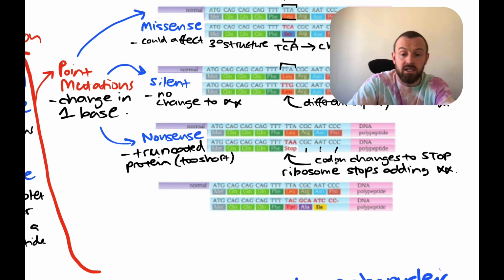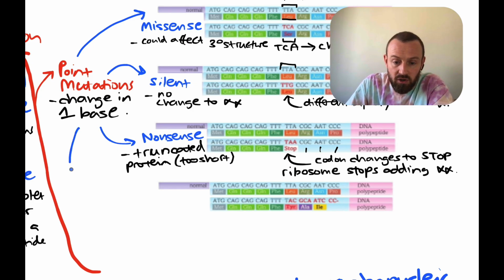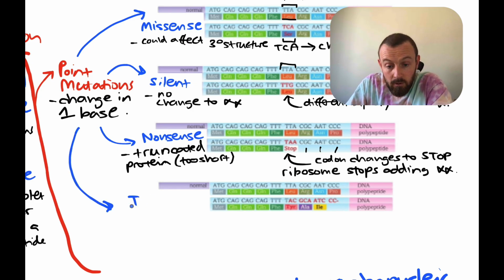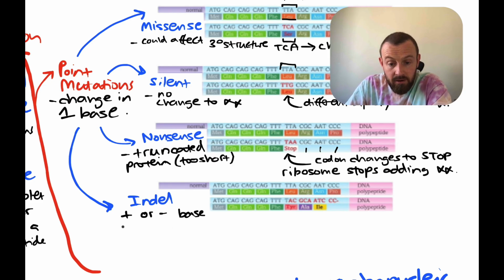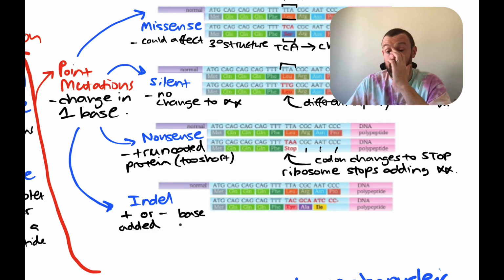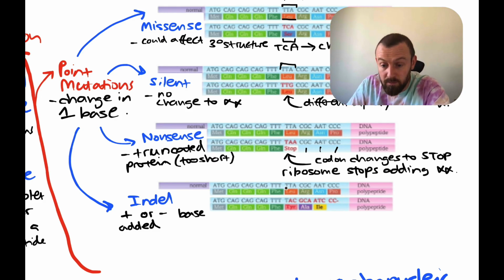And then the final thing is called an indel mutation, which results in a frame shift. So we can have plus or minus a base added. What I'm saying there is that we've either added in an extra base or deleted a base. So for example, up here it should see TTA CGC, but here it just says TAC GC.